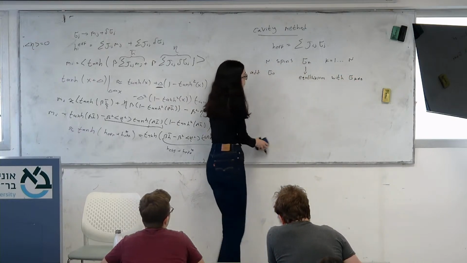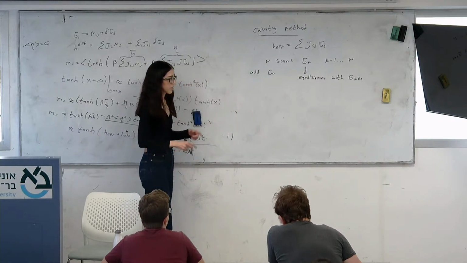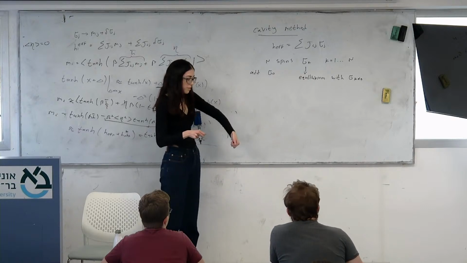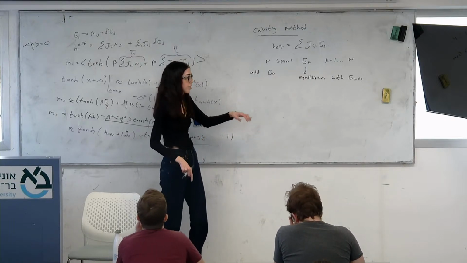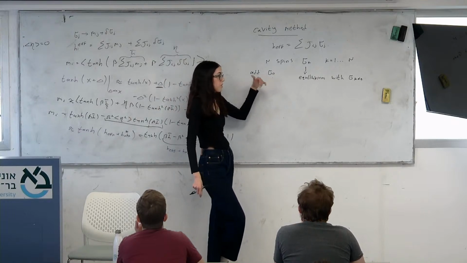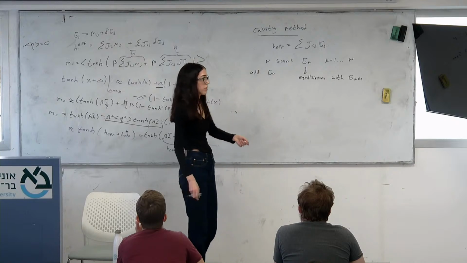So basically, we take the system and we add a new spin to it, and then we see how this spin responds to the system.